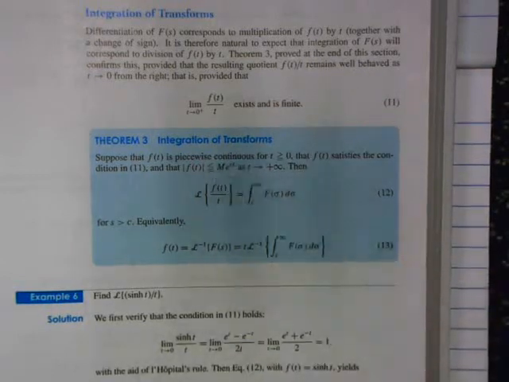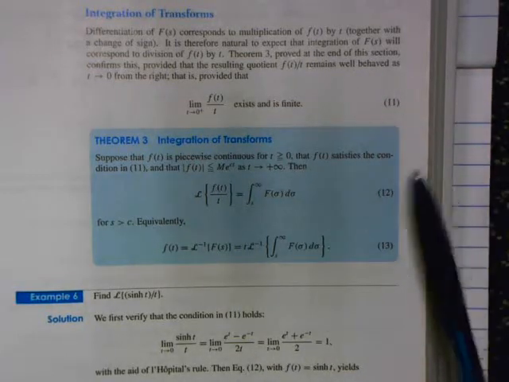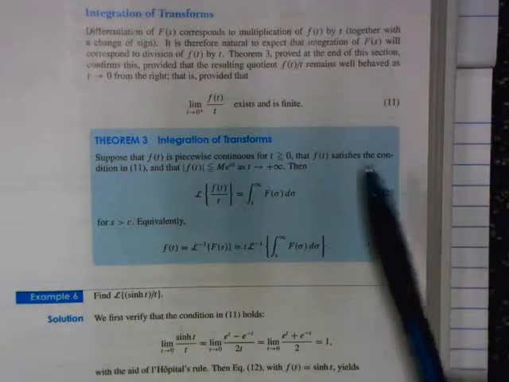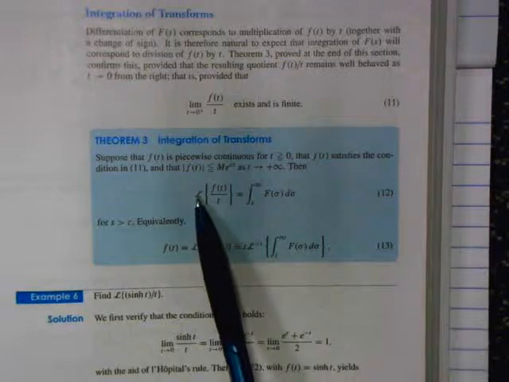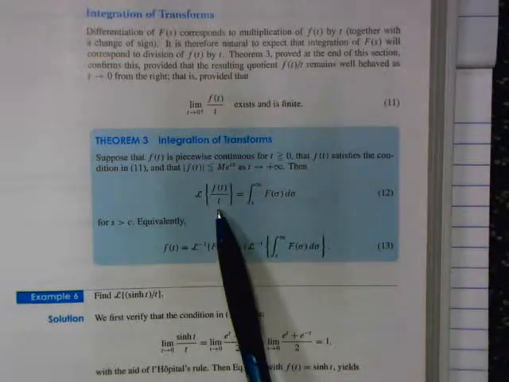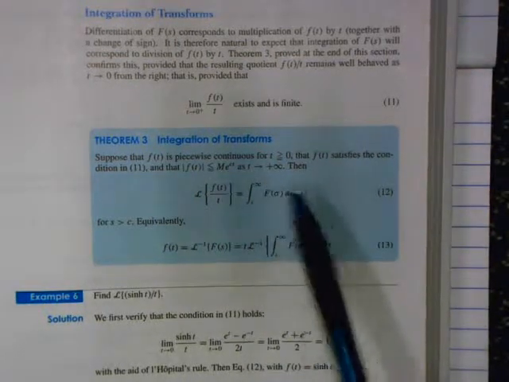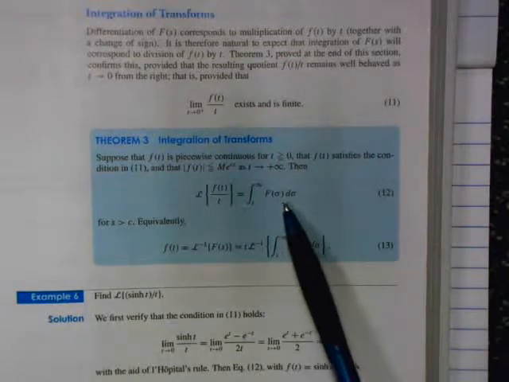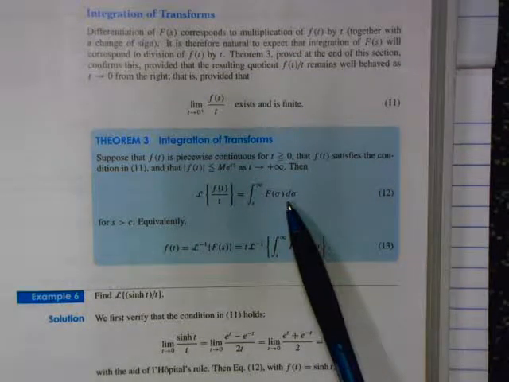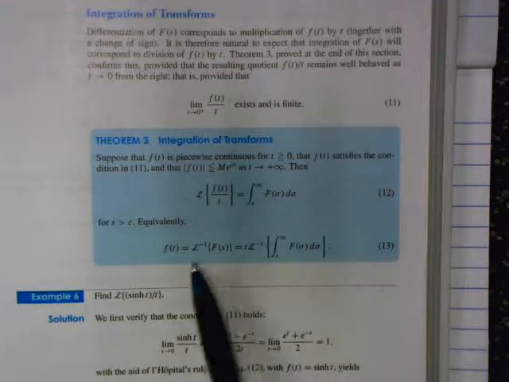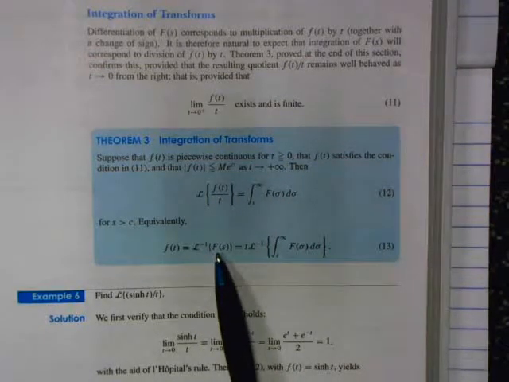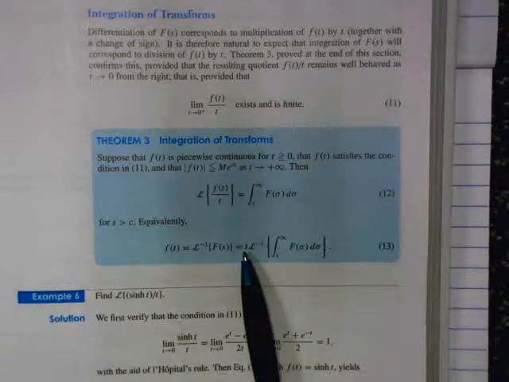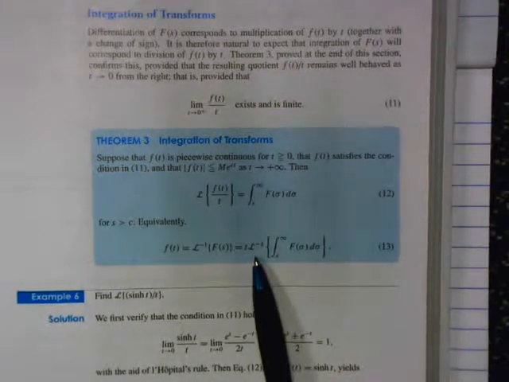It's of exponential order. But for the Laplace transform, when you're dividing by a t, you integrate the Laplace transform of the original function. And conversely, you can find the inverse Laplace transform of something by multiplying by a t and then doing the inverse Laplace transform of the integral.